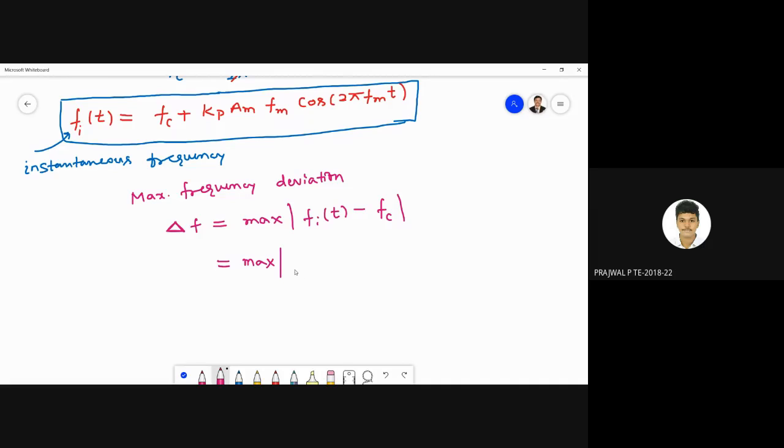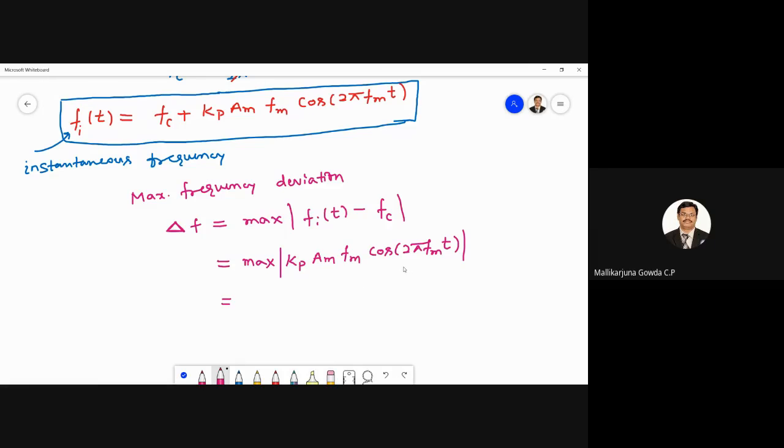What is left out is Kp Am fm cos 2 pi fm t. Yes, Kp, Am, fm into cosine of 2 pi fm t, right? So you know the maximum value of cos is 1.